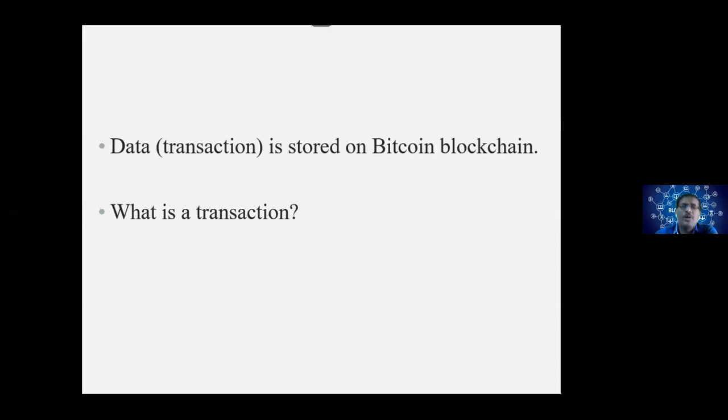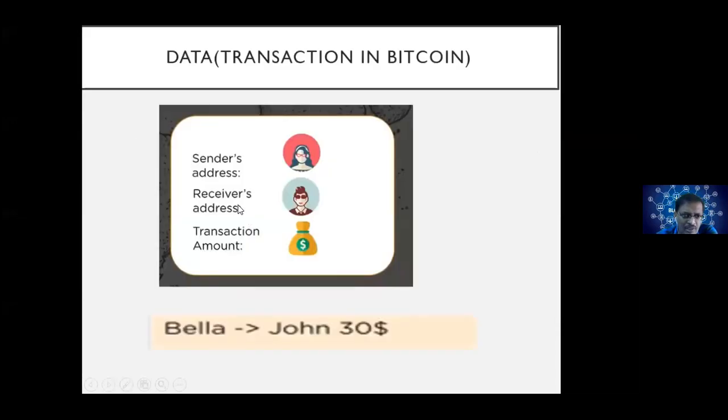In the Bitcoin blockchain, we store data, and specifically the data is called a transaction. Remember, when I say data, you can assume it is a transaction. But what is a transaction? This is an example transaction wherein Bella is transferring $30 to John. Bella is the sender, John is the receiver, and this is the amount being transmitted.